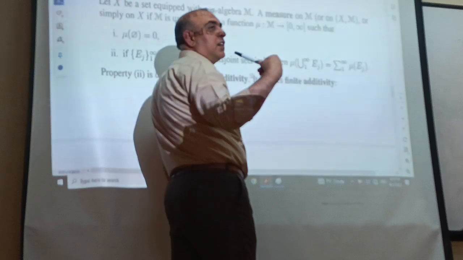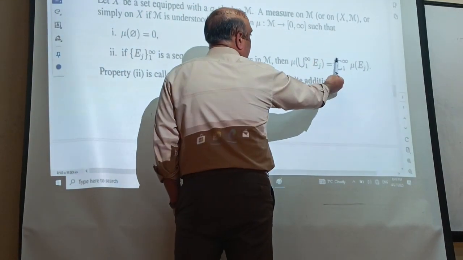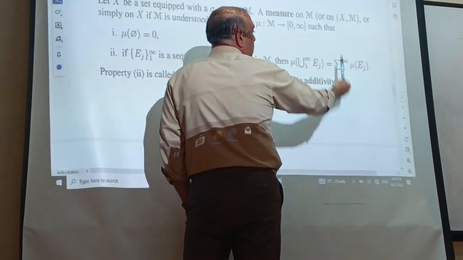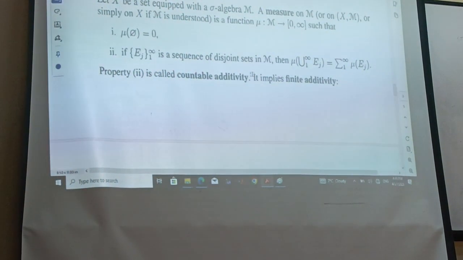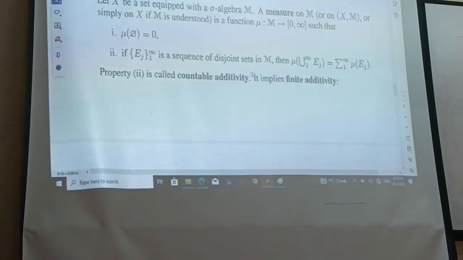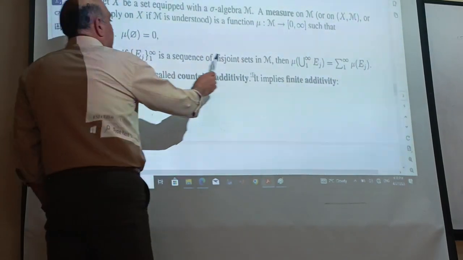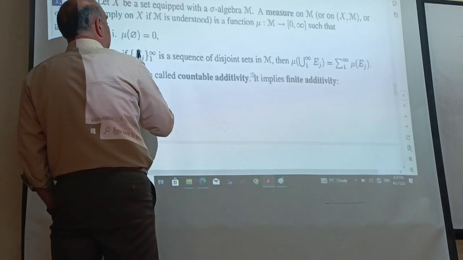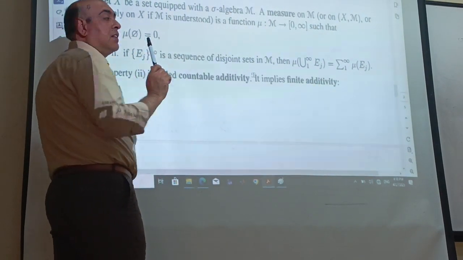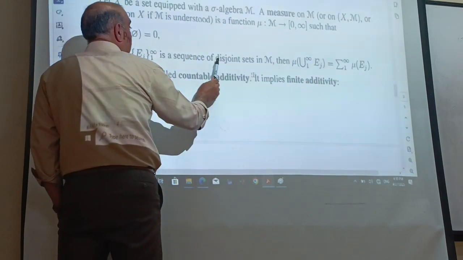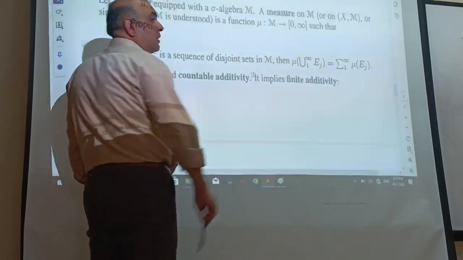In Farsi we call it sigma: summation from 1 to infinity. But attention, the sets Ej must be disjoint.